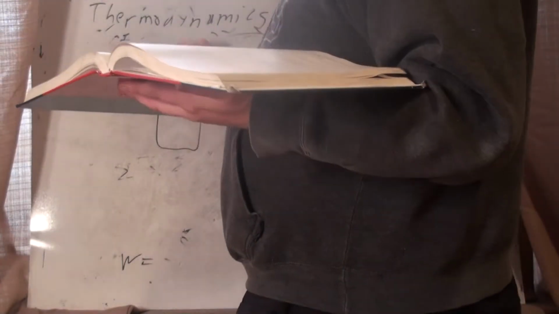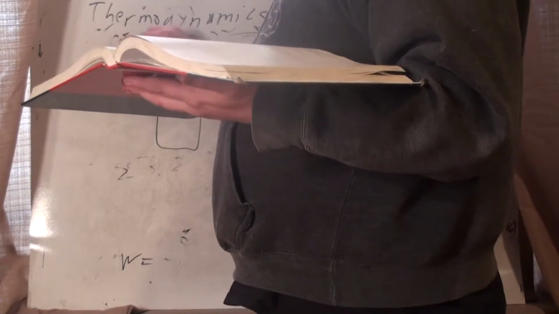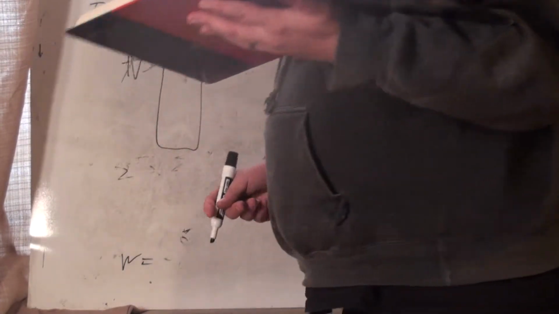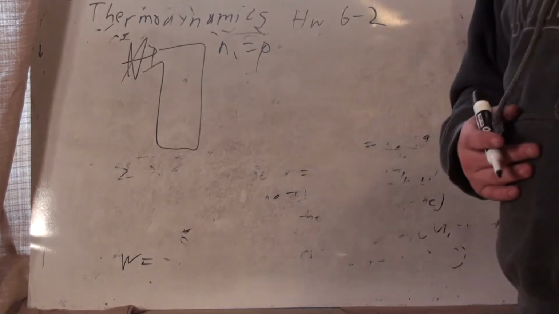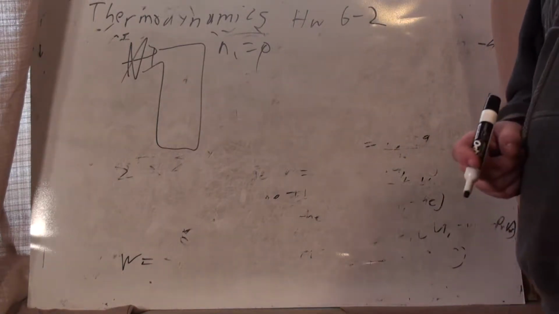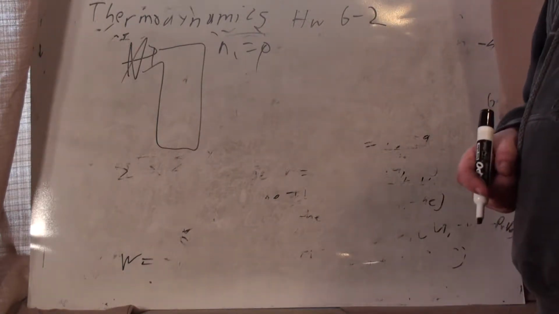So, it says, consider filling a gas cylinder with ethane from a high-pressure supply line. Before filling, it is initially empty, so N1 equals 0. The valve is then opened, exposing the tank to a 3 megapascal line.